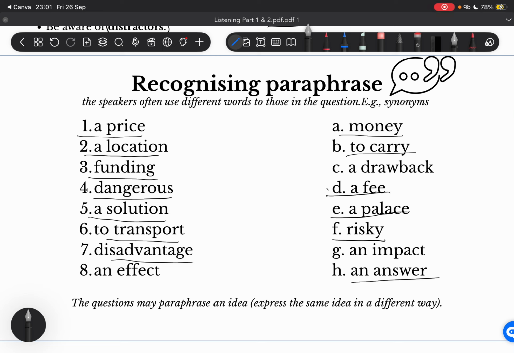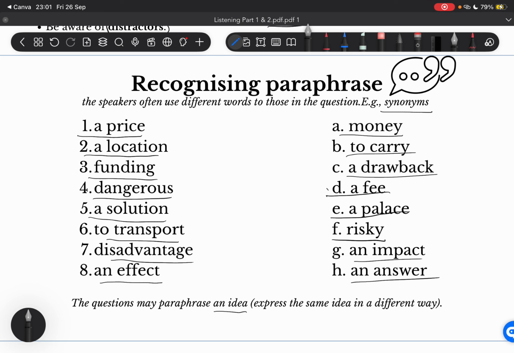Disadvantage, a drawback, those are synonyms. An effect and impact, those are synonyms as well. And it doesn't really mean that they're gonna be changed by synonyms only. They might come in a different way, but the idea is kept.